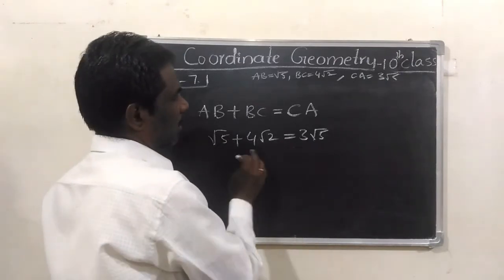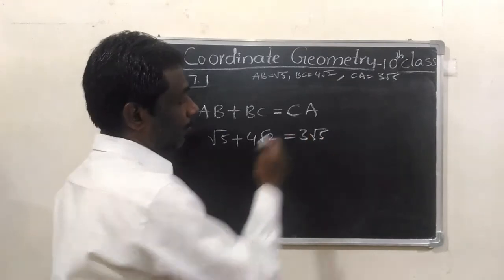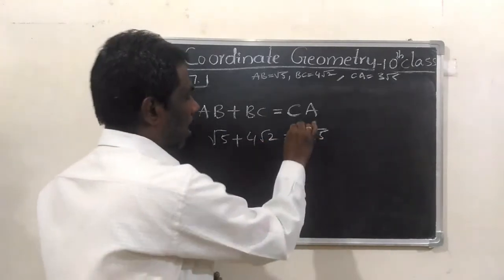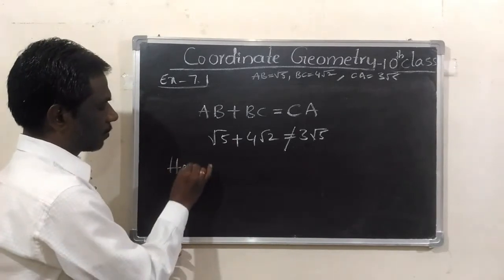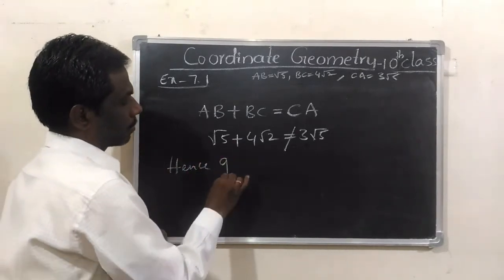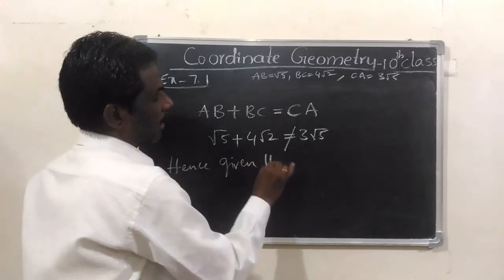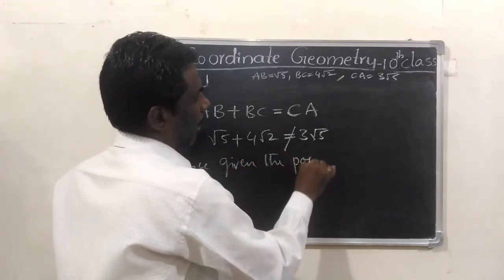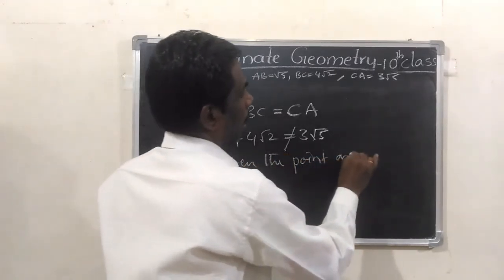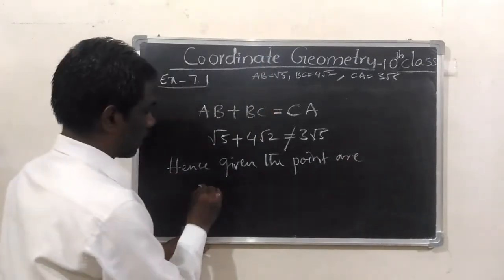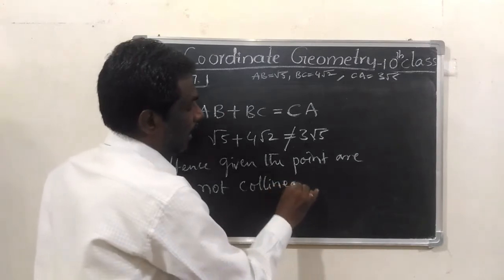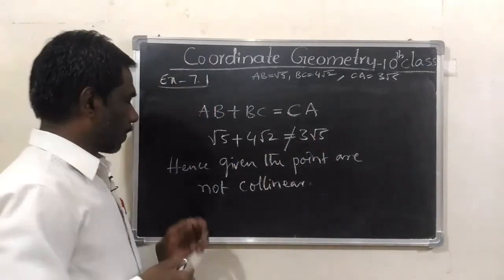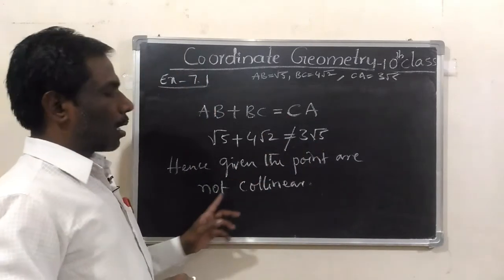So we can't get 3 root 5. So these both are not equal. Hence, the given points are not collinear.